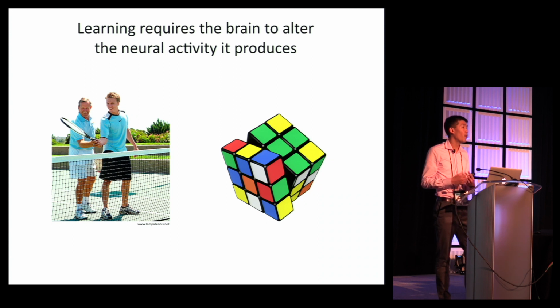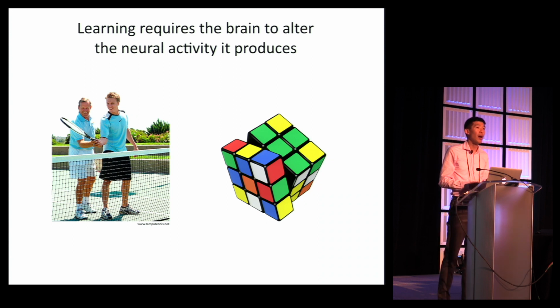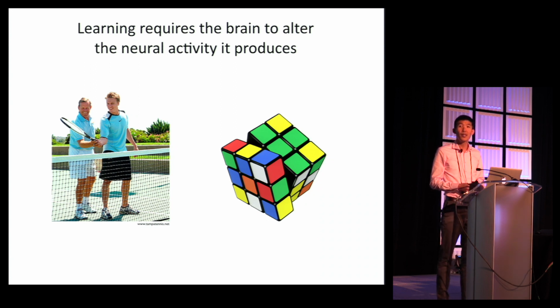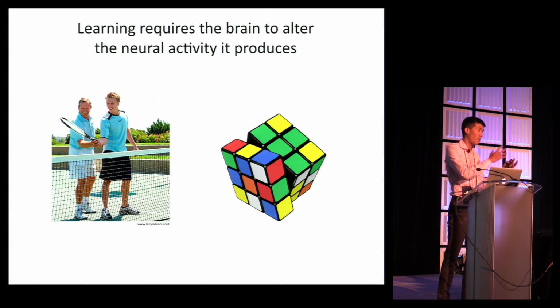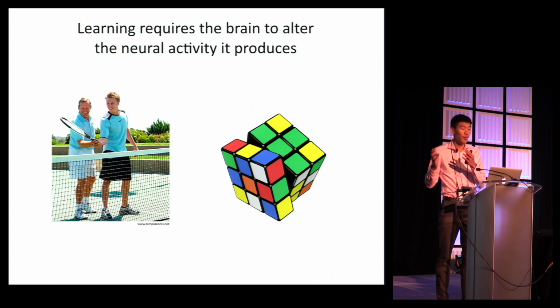Okay, and the particular question we're going to study is about learning. Okay, so learning requires the brain to alter the neural activity patterns that it produces. Okay, so for example, when you're learning to play tennis or when you're learning to manipulate a Rubik's Cube, something changes in your brain between when you go from a novice to becoming an expert.